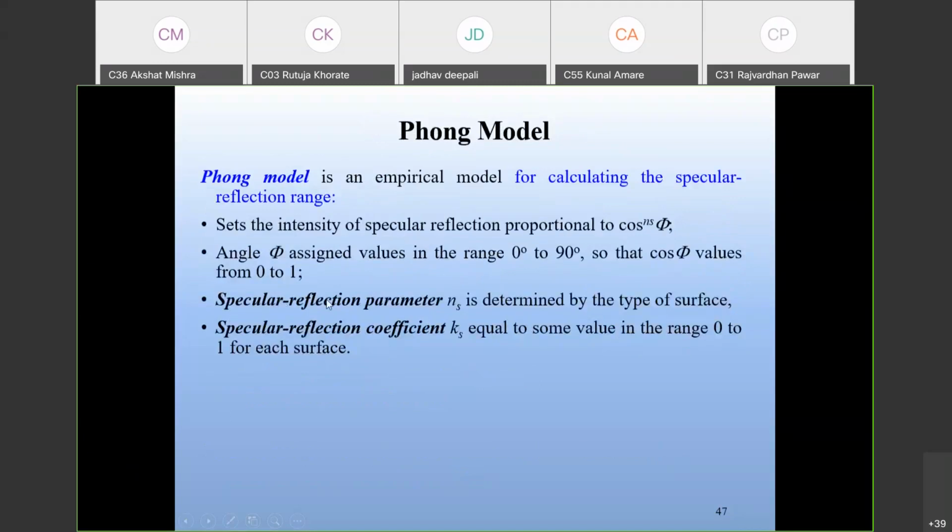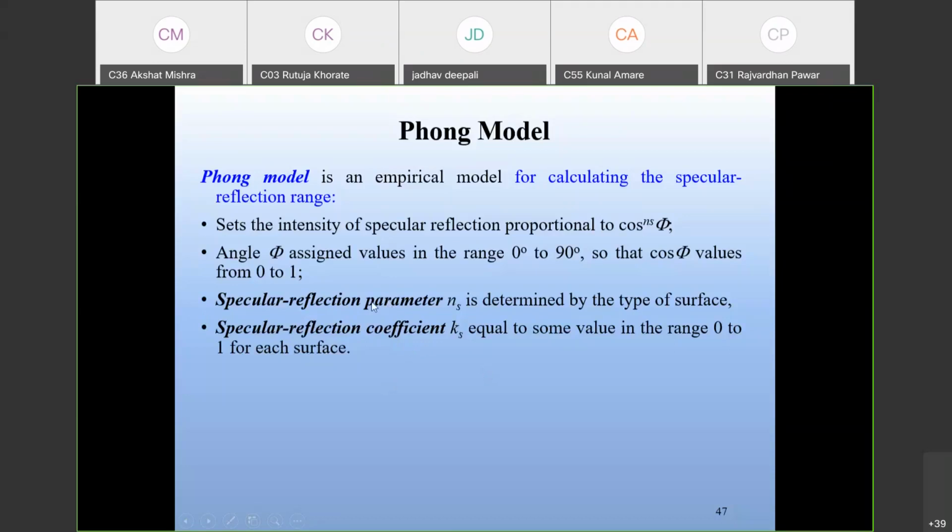Specular reflection parameter: as we have seen the diffuse reflection parameter Kd and the ambient light reflection parameter Ka, in this same way the specular reflection parameter Ns determines the type of the surface. Which type of surface? A shiny surface, dull surface, matte surface, etc. And the specular reflection coefficient Ks, as we use Kd and Ka.